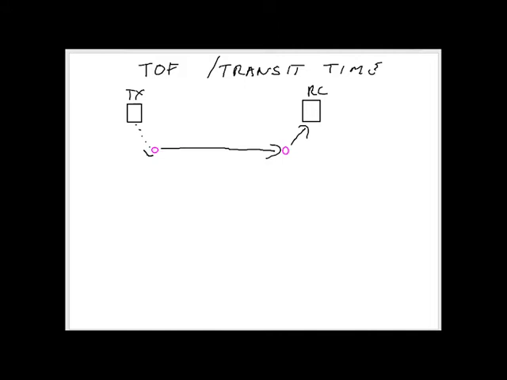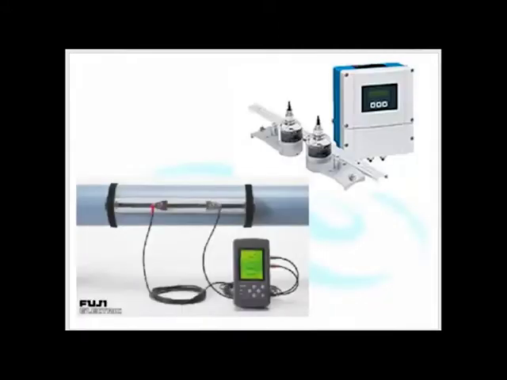The nicest thing about the ultrasonic flow meter is that we can retrofit it to the outside of the pipe. The very nicest thing is that you can put it on the outside of the pipe, which means if we have extremely nasty things on the inside of that pipe, it doesn't matter, because the flow meter is on the outside.